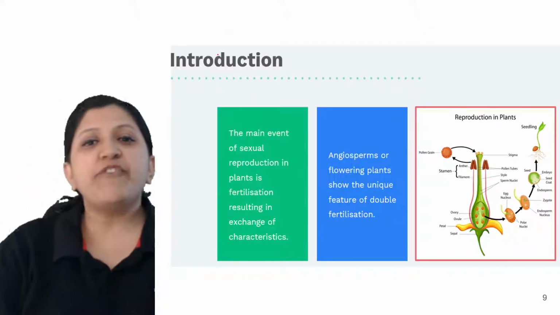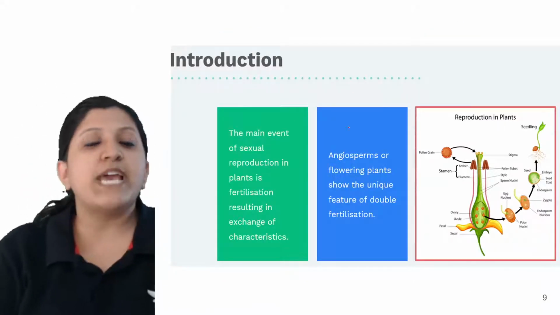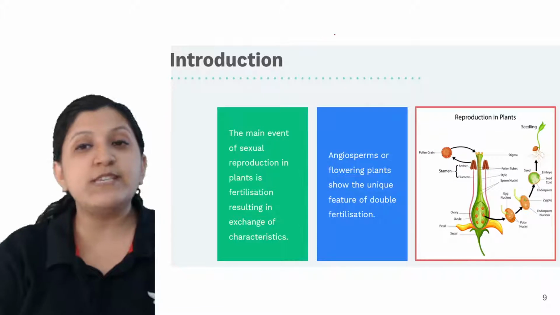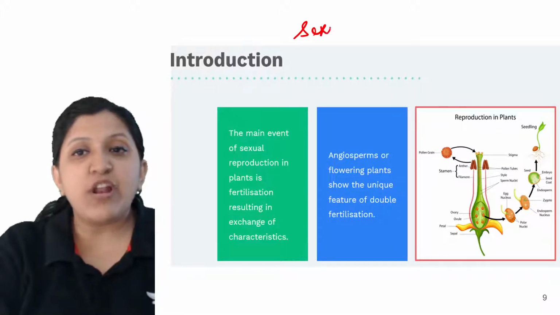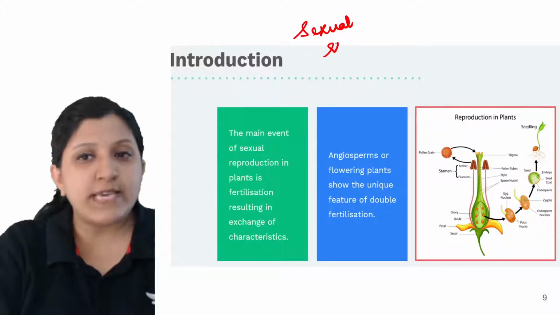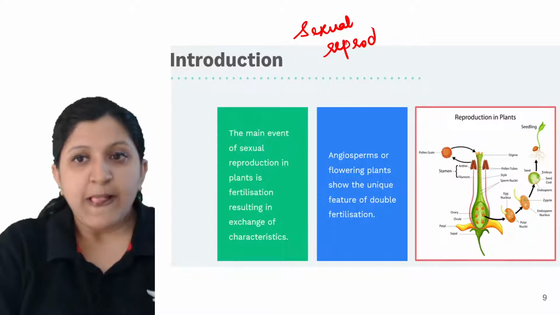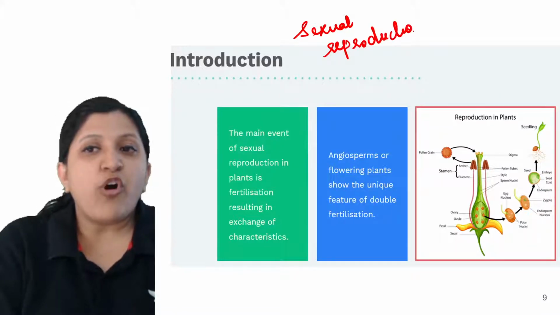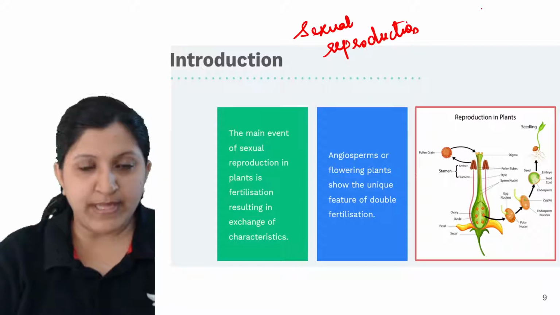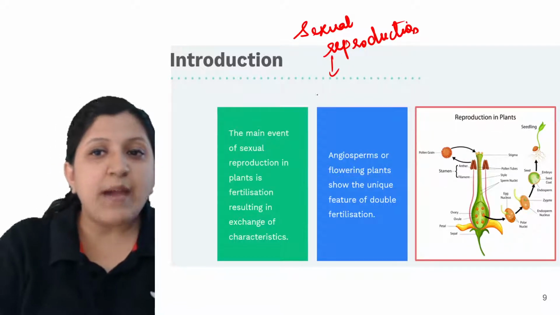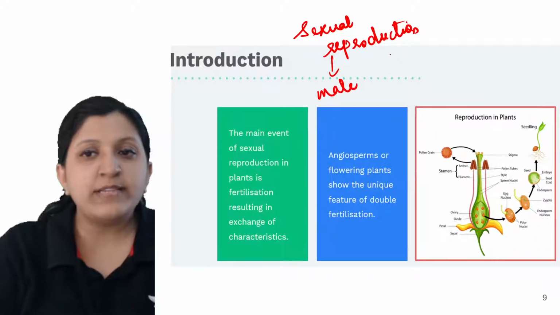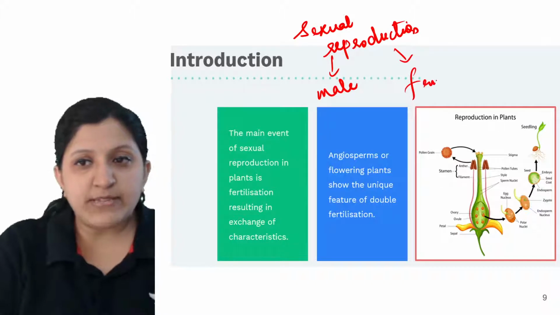Now, the main event of sexual reproduction. This is sexual reproduction that we can see in the case of plants. Two gametes are involved: a male gamete is required and a female gamete is required.